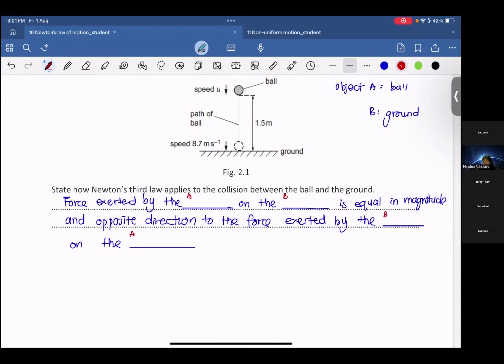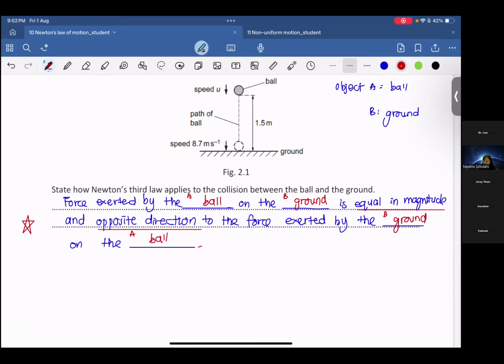So the force exerted by the ball on the ground is equal in magnitude but opposite in direction to the force exerted by the ground on the ball, object A. This kind of question is asked quite often, but putting one example is enough.